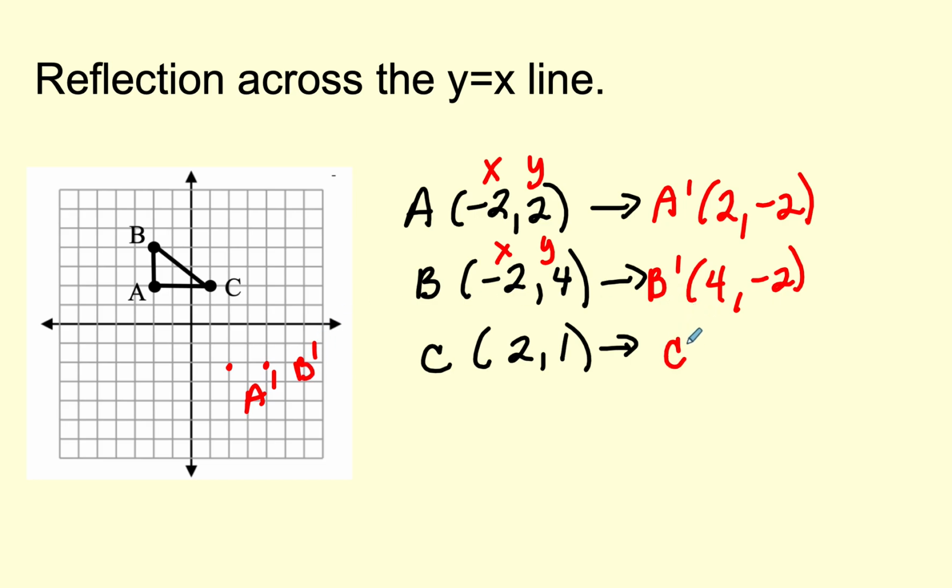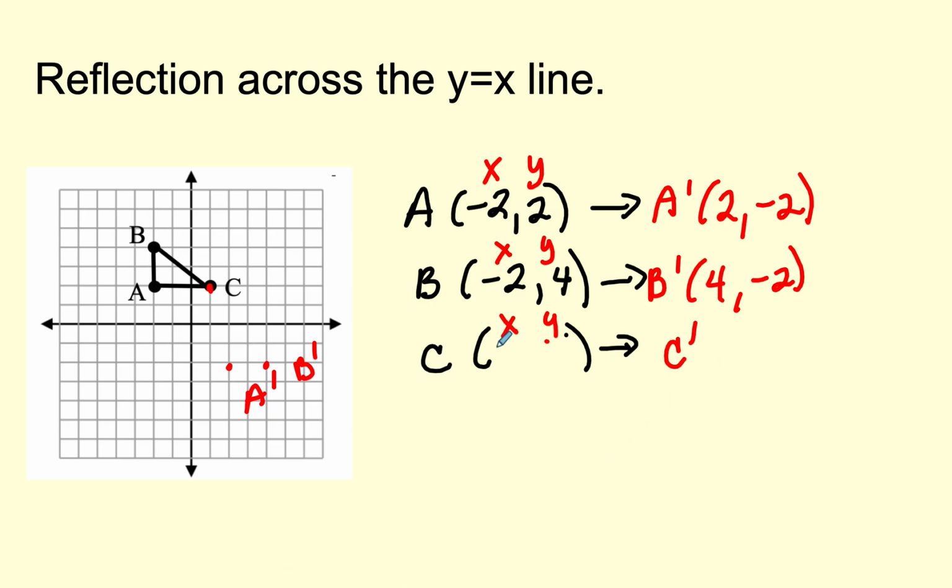And then C prime, this is x and y, and we just exchange places. Oh, this was incorrect. C was actually, let me erase this. I wrote this wrong.